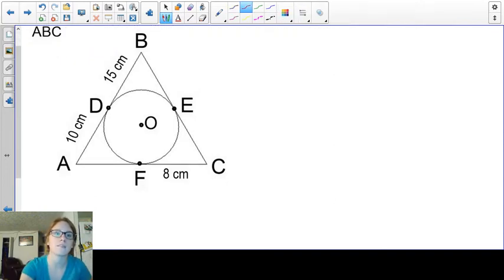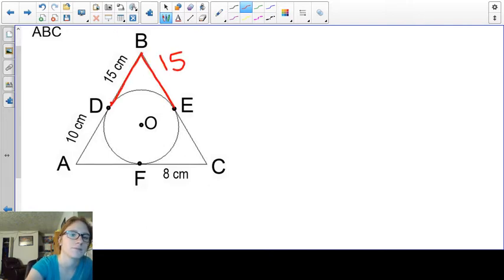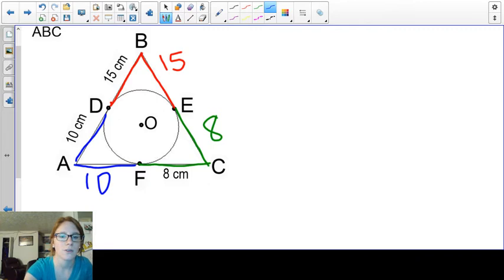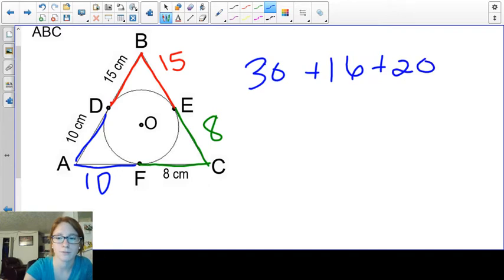In the last theorem, we talked about if this piece is 15, then this piece has to be 15. If this piece is 8, then this piece has to be 8. If this piece is 10, then this piece has to be 10. So I have 30, because 15, 15, plus 16, plus 20, which gives me 66 centimeters.